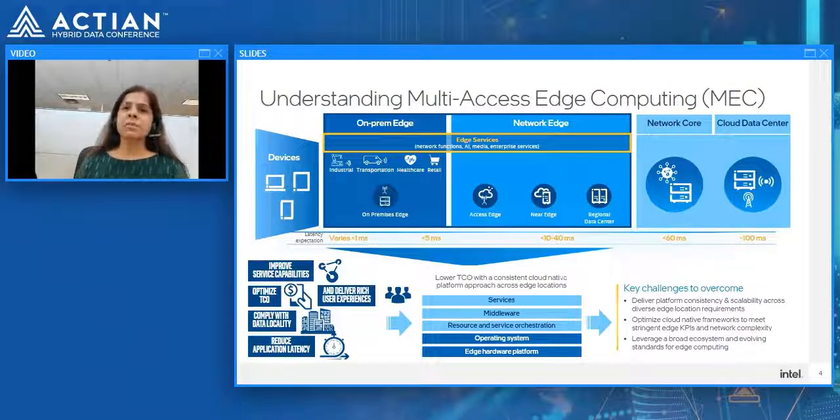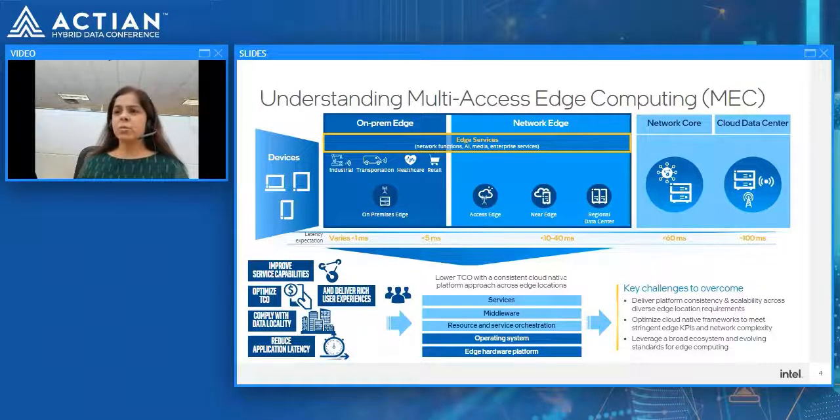ETSI, for example, stands for European Telecommunications Standards Institute. It has been instrumental in defining a multi-access edge computing reference architecture, which is equivalent to something I just shared a few minutes ago. It's nothing but a hardware BOM with a bunch of services that make MEC services easy to build and provision.